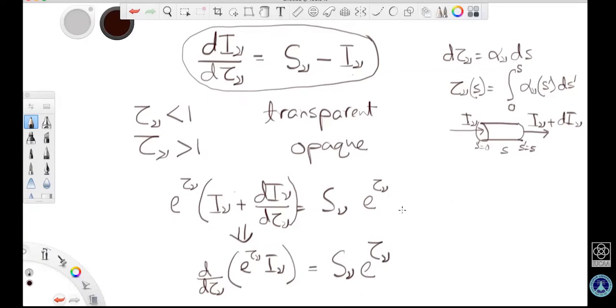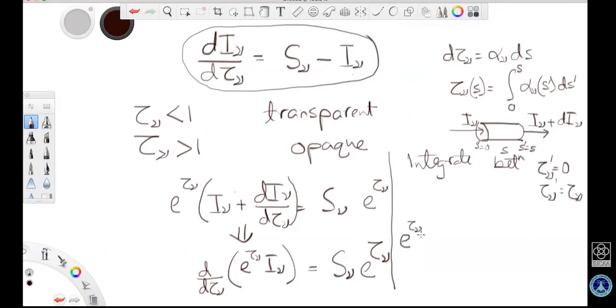And so I'll write the equation here. In other words, if I integrate between tau nu prime 0 and tau nu prime tau nu, I'm just writing it formally. So for one thing, I'll have e to the power tau nu I nu at tau nu, and minus, because I'm integrating between this and this.